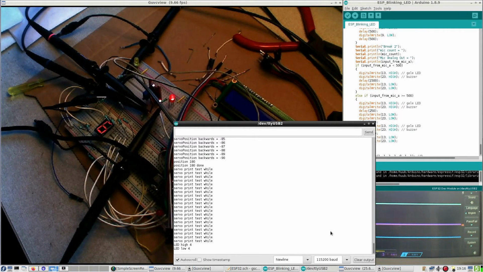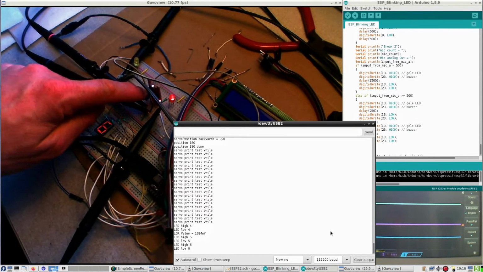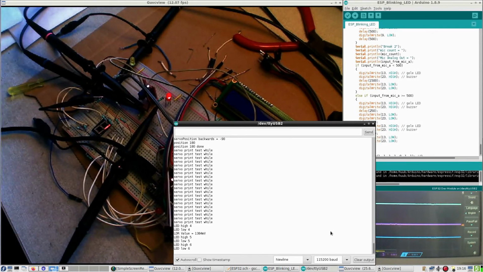Right, now the following. This purple probe is connected directly to the analog output. The analog output is flat.